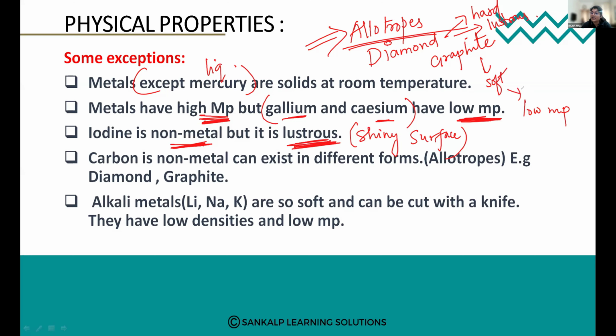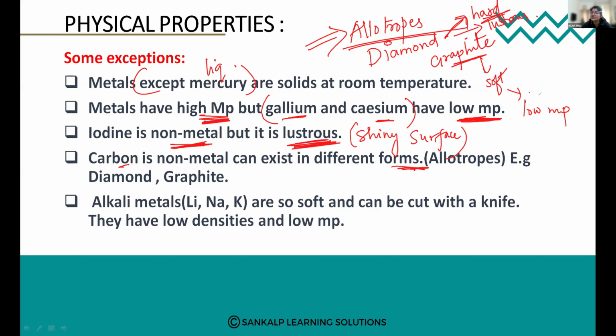Graphite also has a shiny surface. So carbon is a non-metal, but it exists in different forms. You can see both are made up of carbon, but one is hard and another is soft.